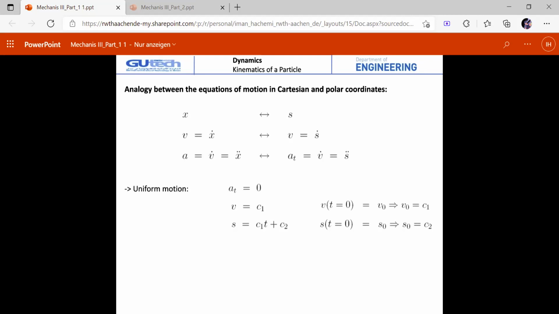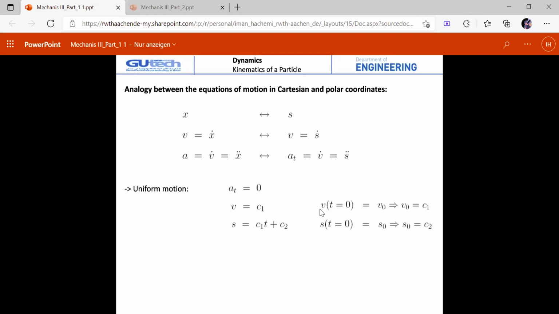If we have, for example, uniform motion, where the tangential acceleration is equal to 0, the velocity is constant, c1. If we integrate the velocity v, we get the position s, which is linear with time.